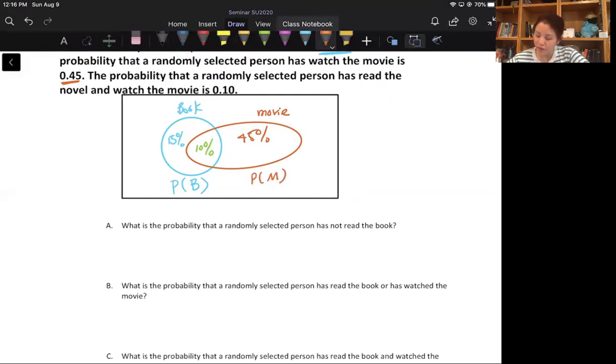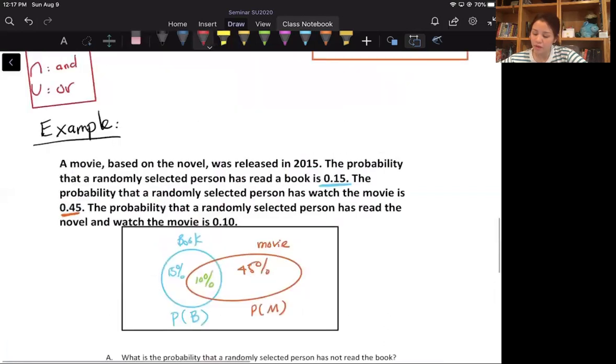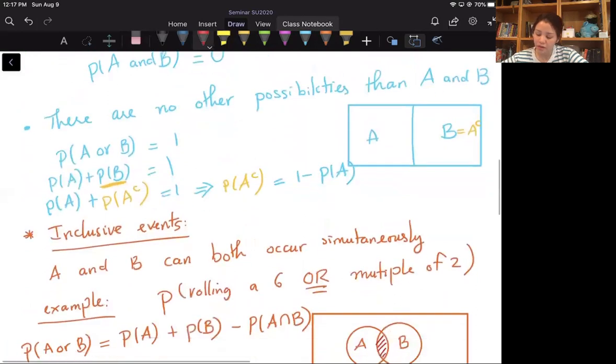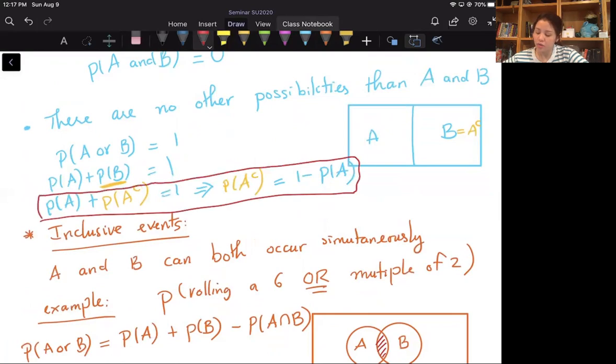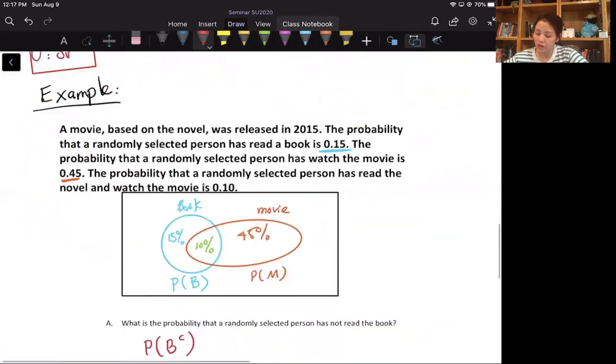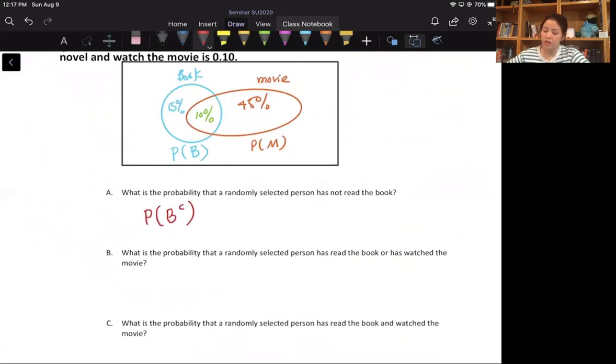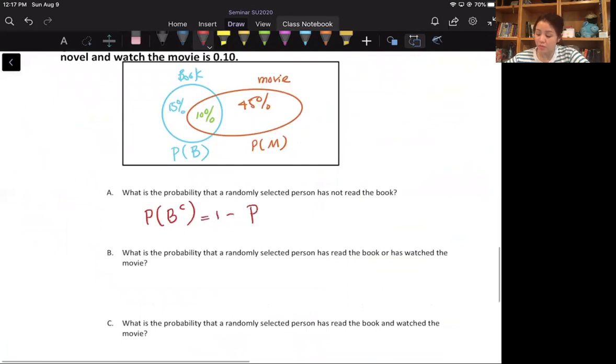So the probability that a randomly selected person has not read the book is P of B complement, right? Remember the P of B complement, or up here, P of A complement, is equal to 1 minus P of A. So the probability of a person who has not read the book is equal to 1 minus the probability of the selected person reading the book.